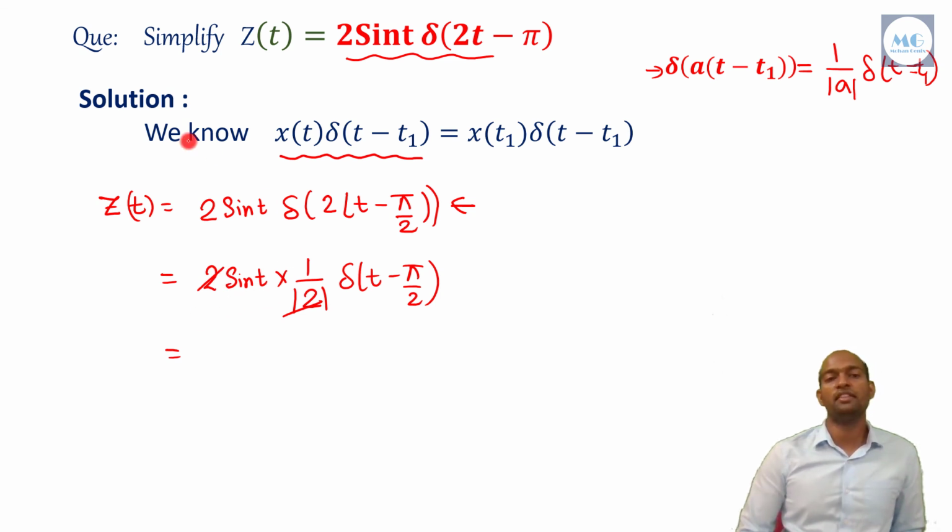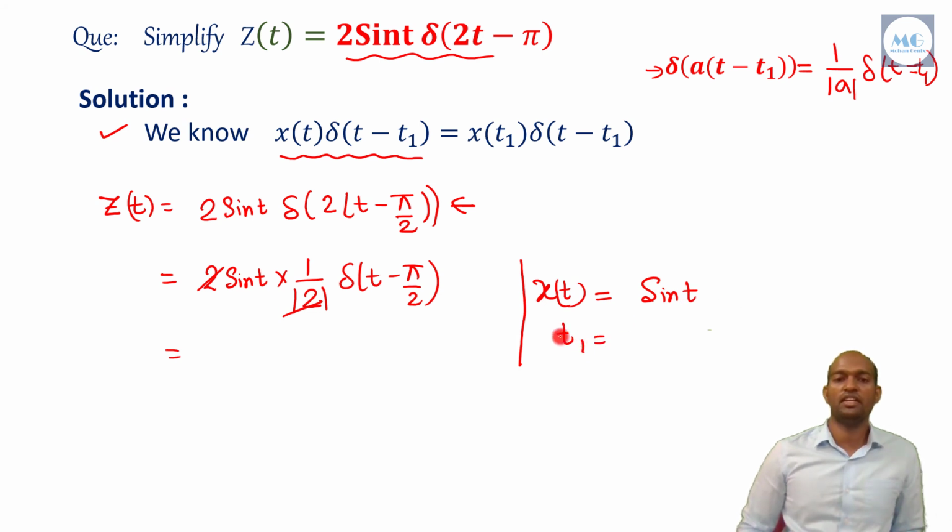Now we have to apply our sixth property. For the sixth property, what is x(t)? I am writing here so that you will get it clearly. x(t) is sin t. And what is t1? t1 is π/2. So x(t1) means sin, in place of t what I have to write? π/2.